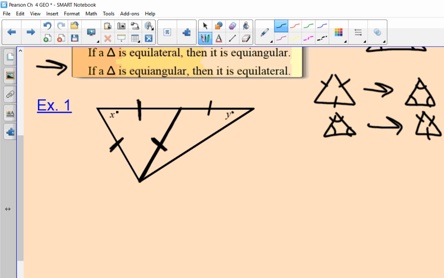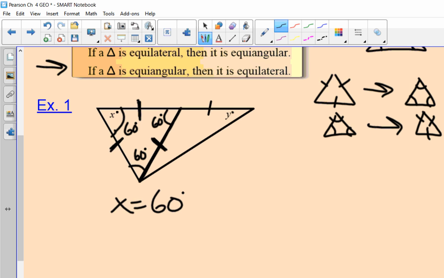If all the sides of the triangle are equal, all the angles are equal, so they all have to be 60 degrees. So x would be 60 degrees.